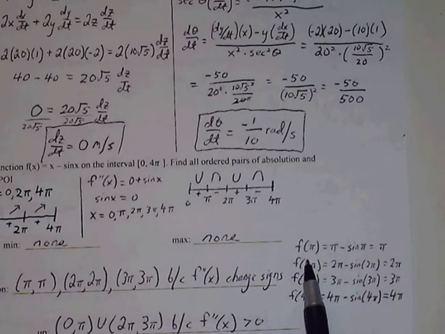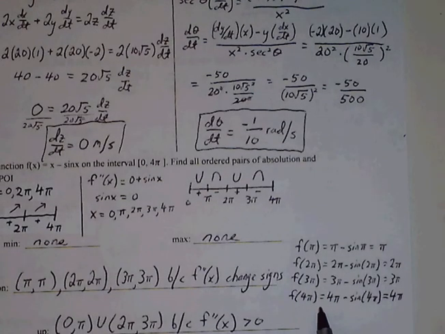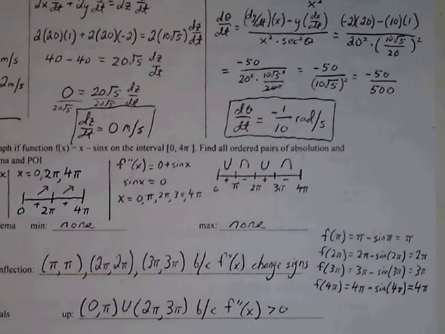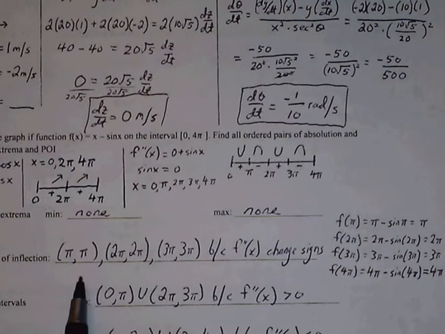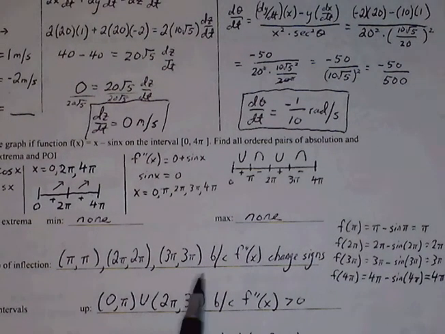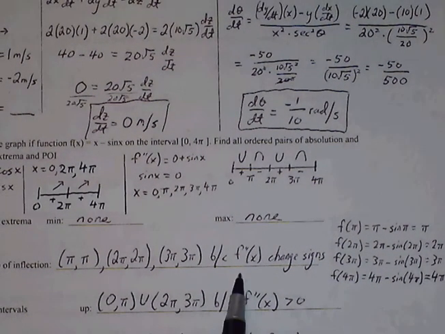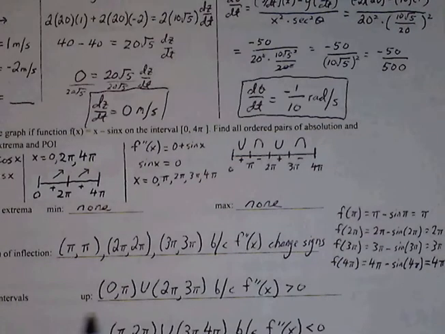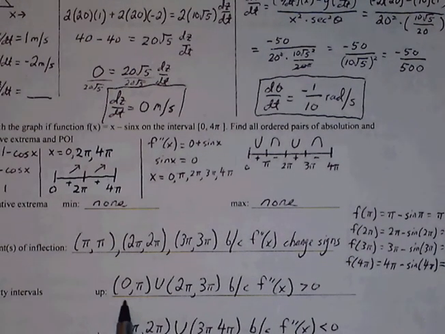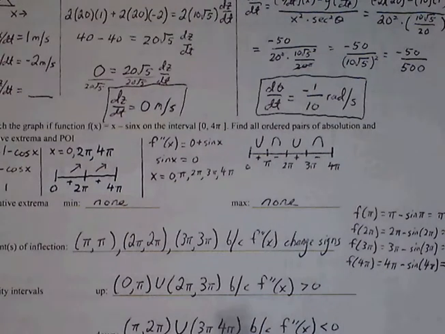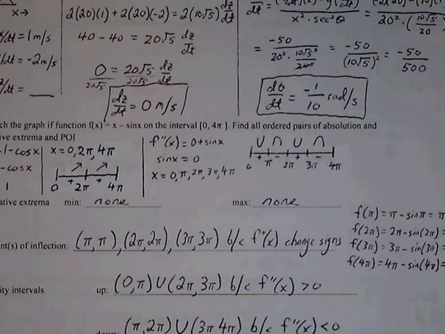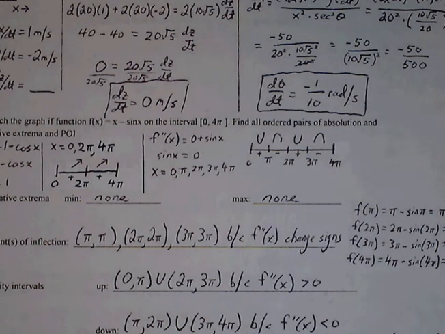So plug pi into the original function, 2 pi, 3 pi, and we're going to get pi, 2 pi, and 3 pi. So we have those 3 ordered pairs, and all those 3 ordered pairs are points of inflection because f double prime changes signs. Concavity intervals, concave up from 0 to pi and from 2 pi to 3 pi. Concave down from pi to 2 pi and then from 3 pi to 4 pi because f double prime is negative.